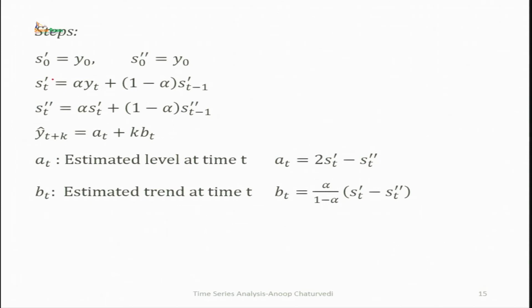Then S t dash is equal to alpha y t plus (1 minus alpha) S t minus 1 dash, and for the second series, S t double dash is equal to alpha S t dash plus (1 minus alpha) S t minus 1 double dash.